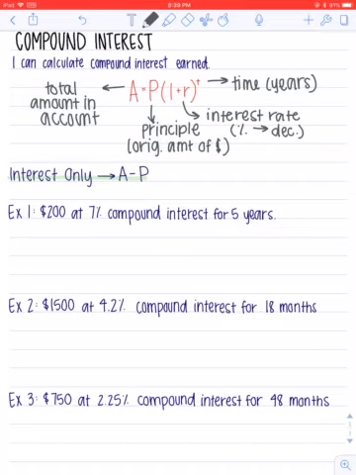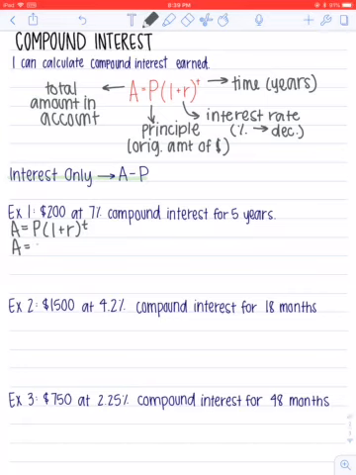So just like with simple interest, we are going to start by rewriting our formula. So A equals P times 1 plus R to the power of T. A being what we're trying to calculate, and those other variables, we have the information to plug into this equation.